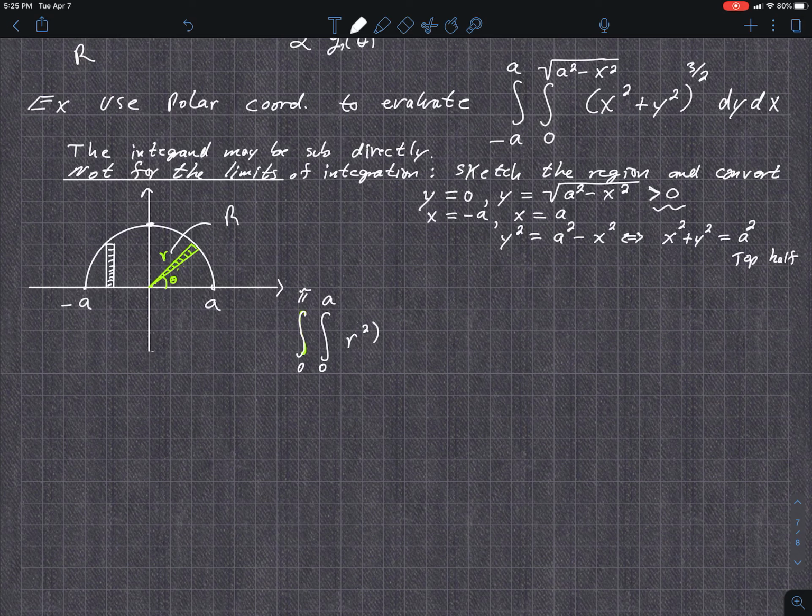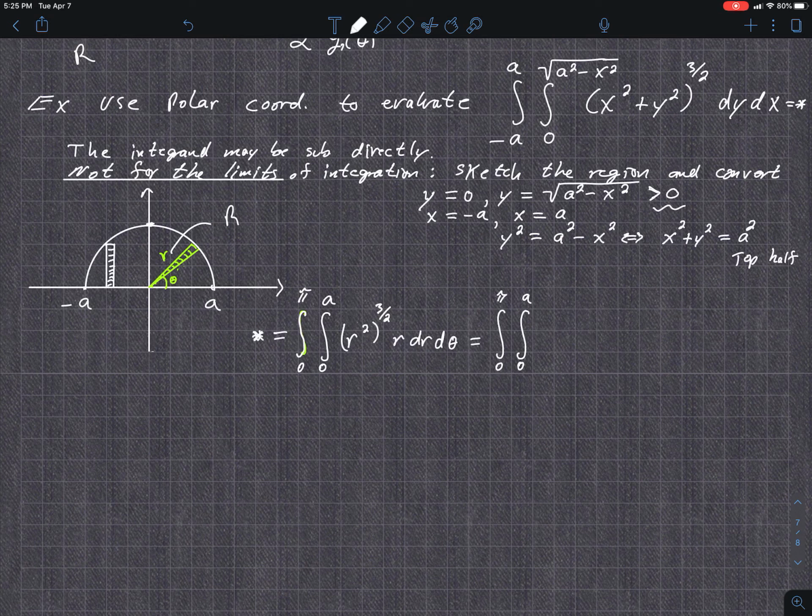Your function is what you're substituting for, so it's r squared raised to the 3/2, then it's r dr d theta is what you end up substituting for. So that's what this ends up equaling.